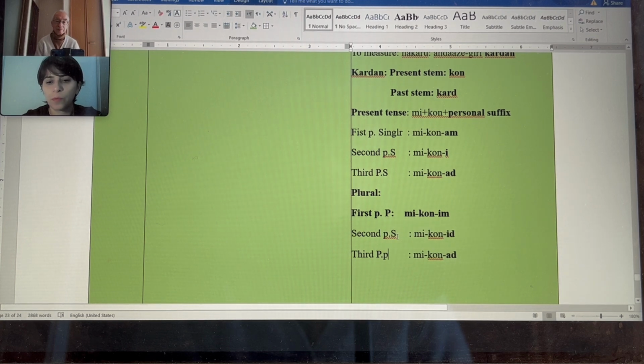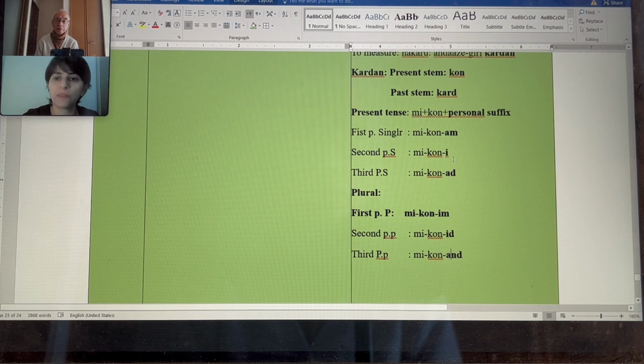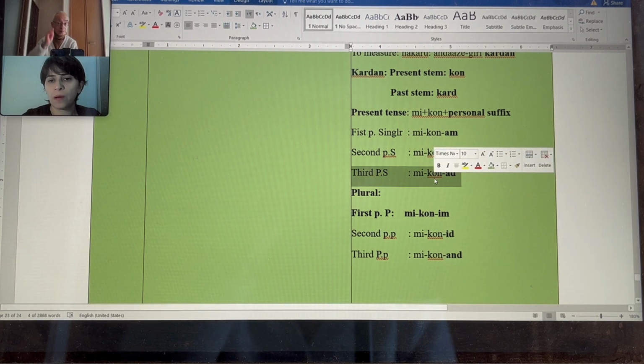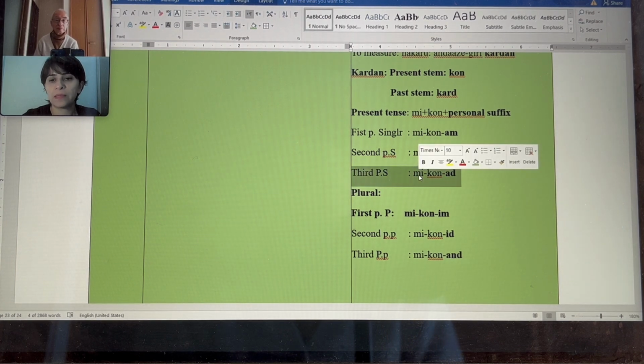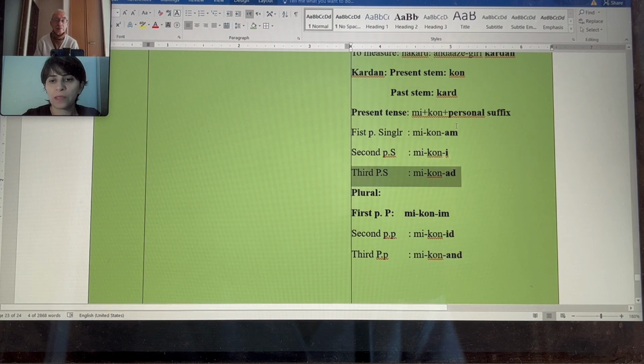Sorry, these are all plural. Mikonim, mikonid, mikonand. So am, i, ad, im, id, and. These are personal suffixes for the conjugation of the verbs. In present and past stems, the only part that is different is the third person singular, but the rest are always the same for different tenses.